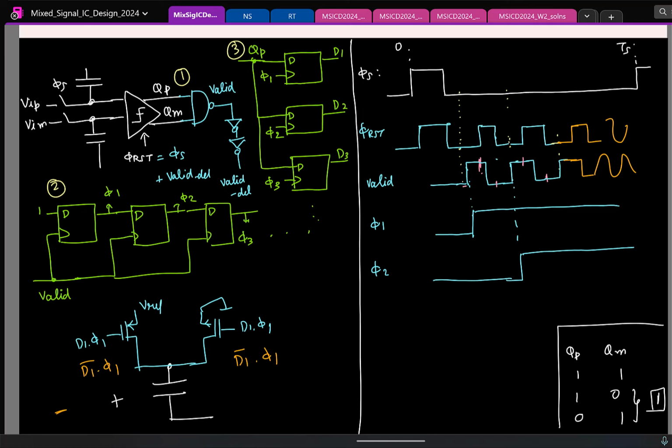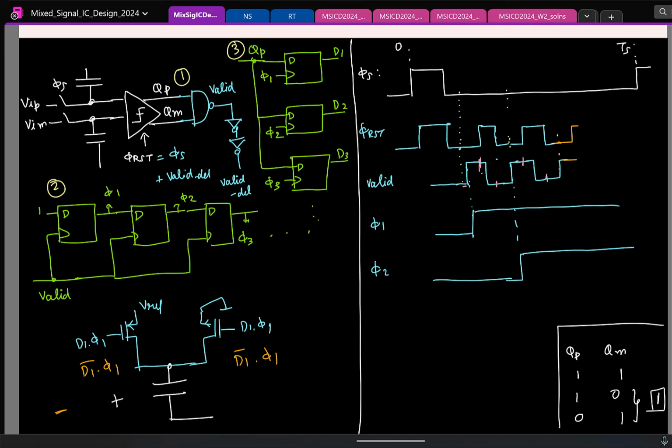You understand the logic? Because the way we have self-timed the comparator is this: we detect when a comparison is done. After a delay, we go and reset and start the next comparison. So if you don't do anything, even after your last comparison is done, the comparator will be continuously triggered. Again, that's a waste of power.